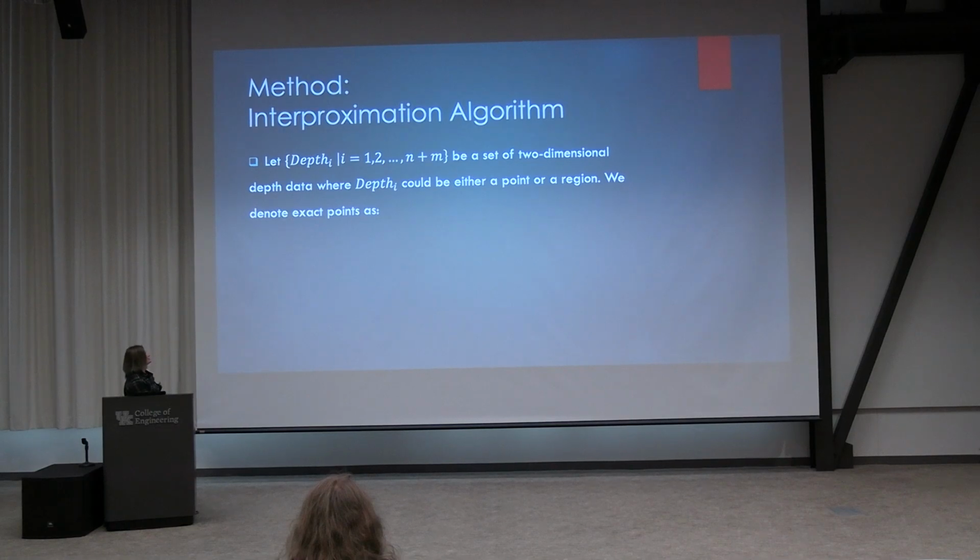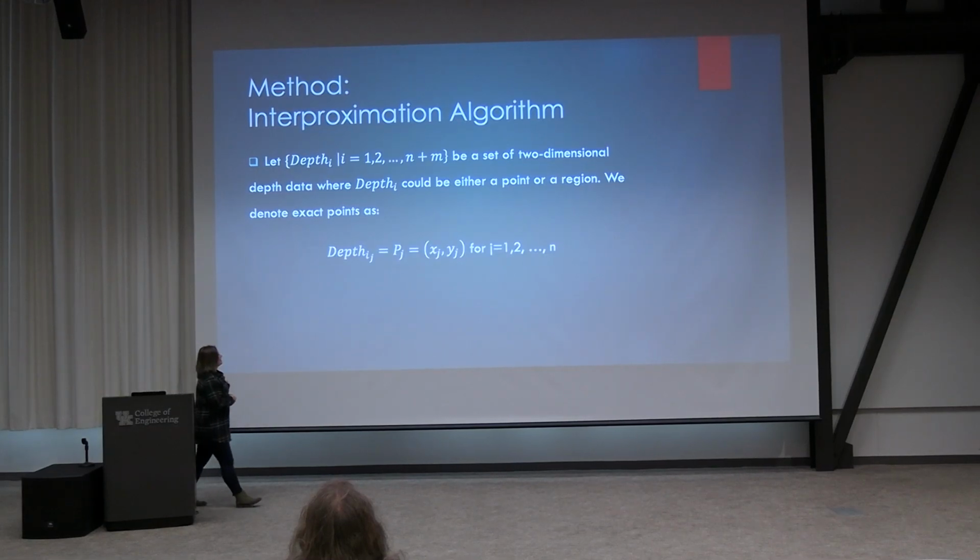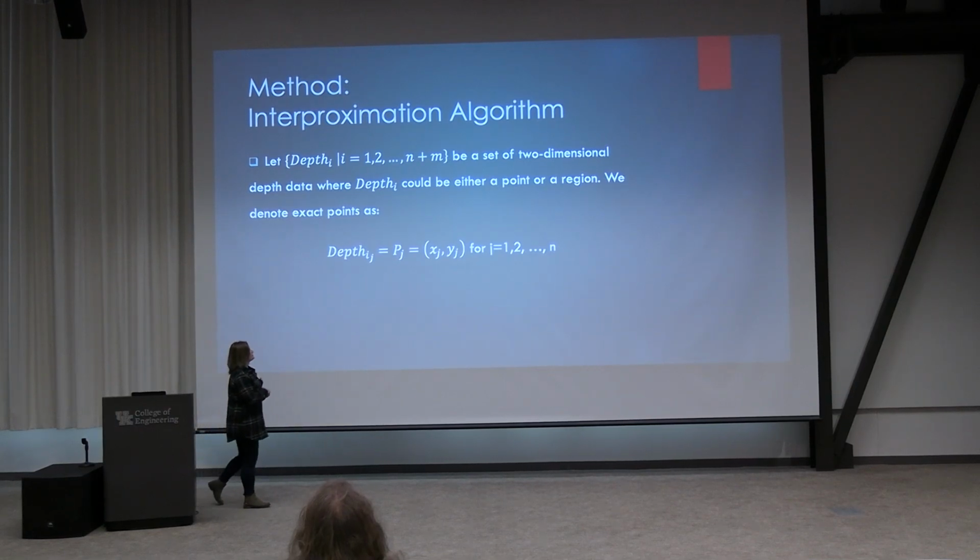So the algorithm itself is as follows. Given a data set of points, I will denote them as depth I, and those will contain all of the exact points and all of the uncertain regions. Exact points, I will call them depth ij and also pj.